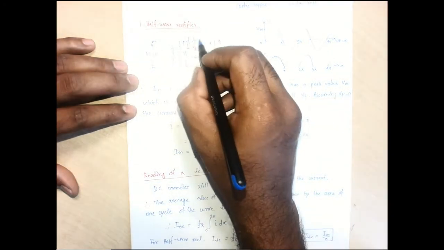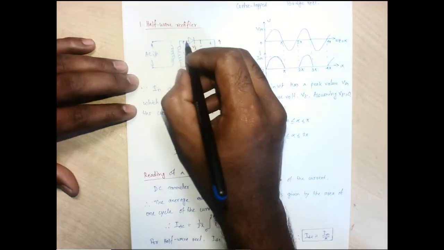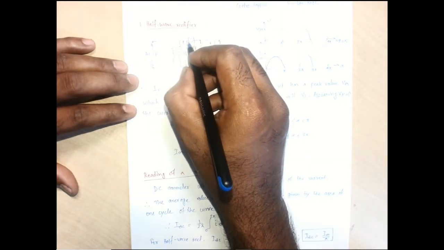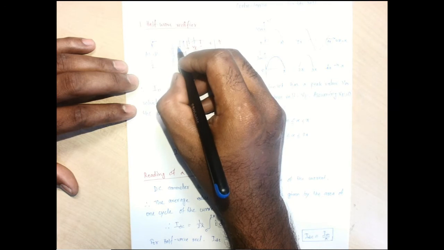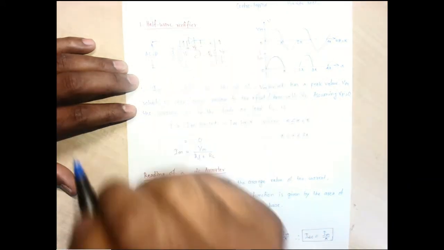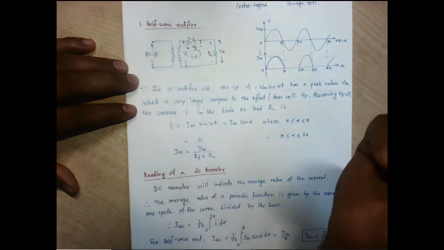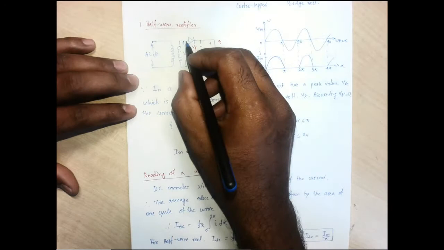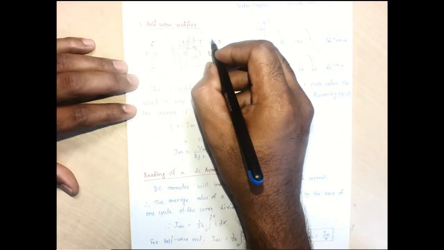Now when the diode is non-conducting, what does it mean? The diode is acting as an open switch. So no current will flow across the circuit. So what will be the voltage across this diode? The voltage across this diode will be the same as this input.